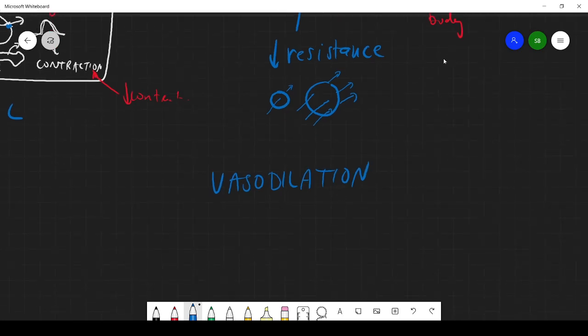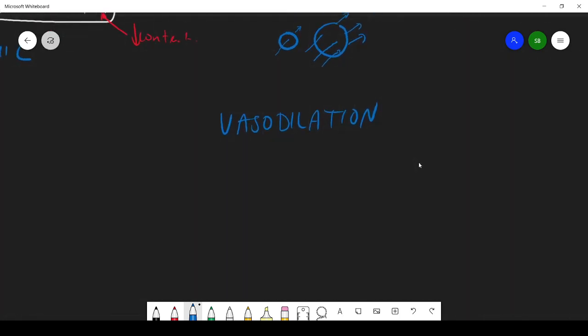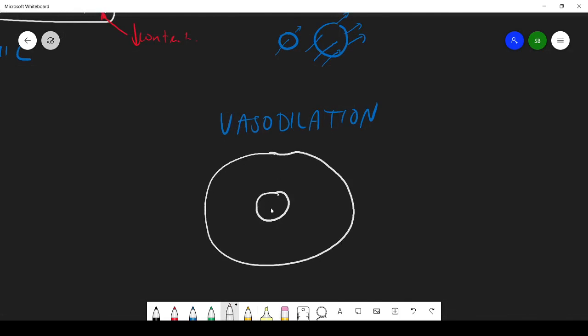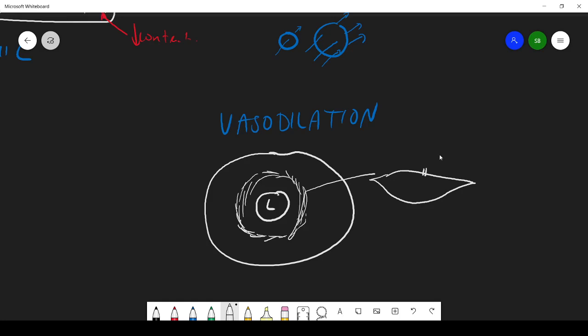Remember that just as in the cardiac myocyte, if you look closely at the structure of a blood vessel, you have the lumen here. You also have this layer of contractile tissue, smooth muscle, just under the lumen. Each of these muscle fibers is controlled by the amount of calcium entering the cell.